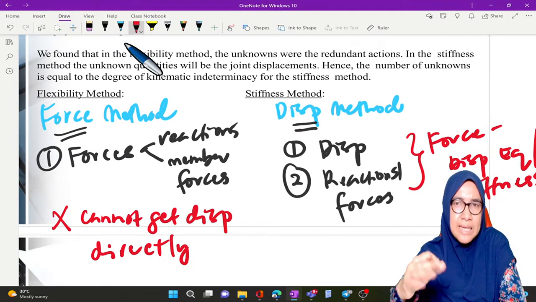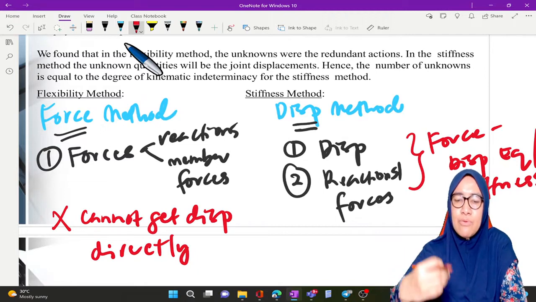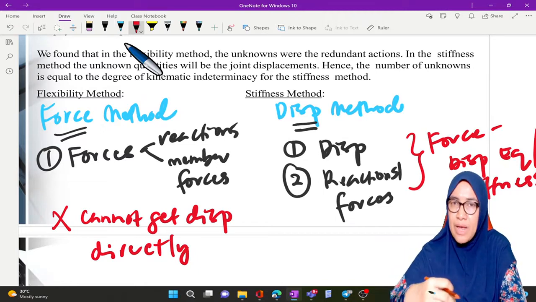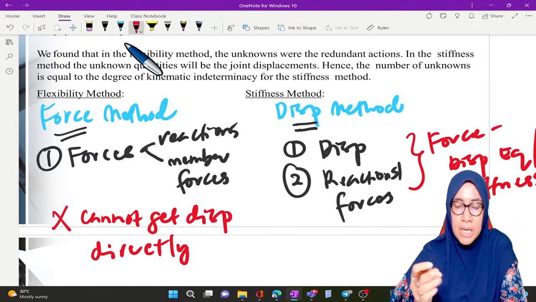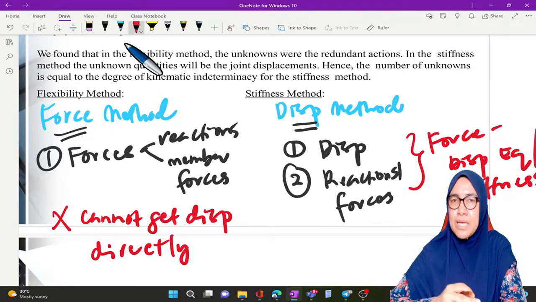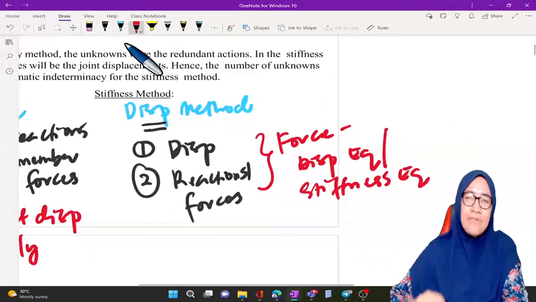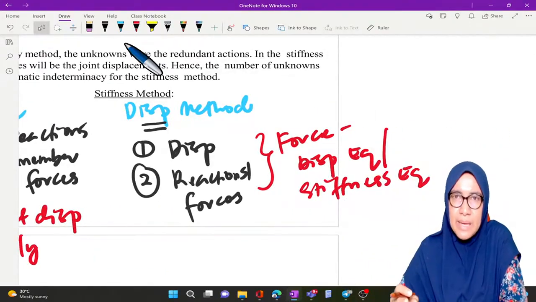After we get forces, that's it. Then whenever we want to calculate displacement, we have to apply the unit load method one by one point in order to calculate displacement.